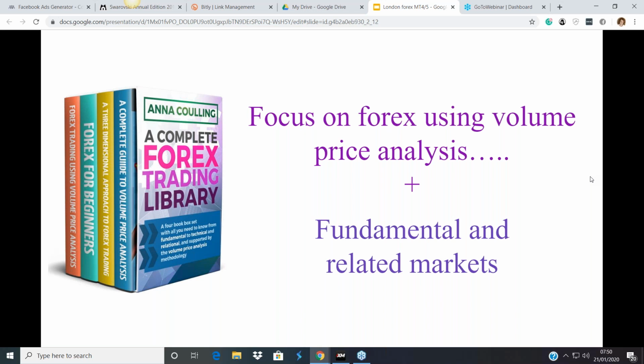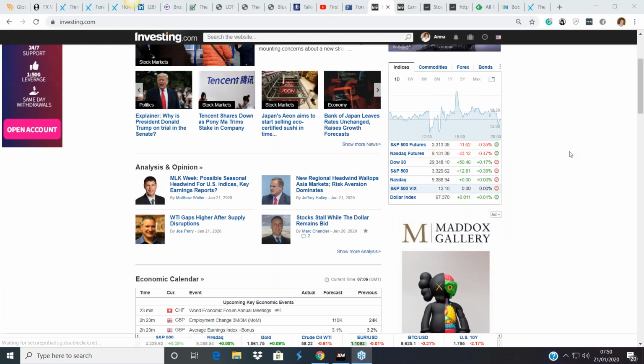But I don't want to spend too much time on this because having moved the webinar from the much earlier start, we've now got the London Open coming up literally in about 10 minutes. And we just have to have a quick catch up on what's been happening in the overnight session, what is likely to be happening today, and how that is going to affect the price action and the pairs that you are either trading or perhaps thinking of trading.